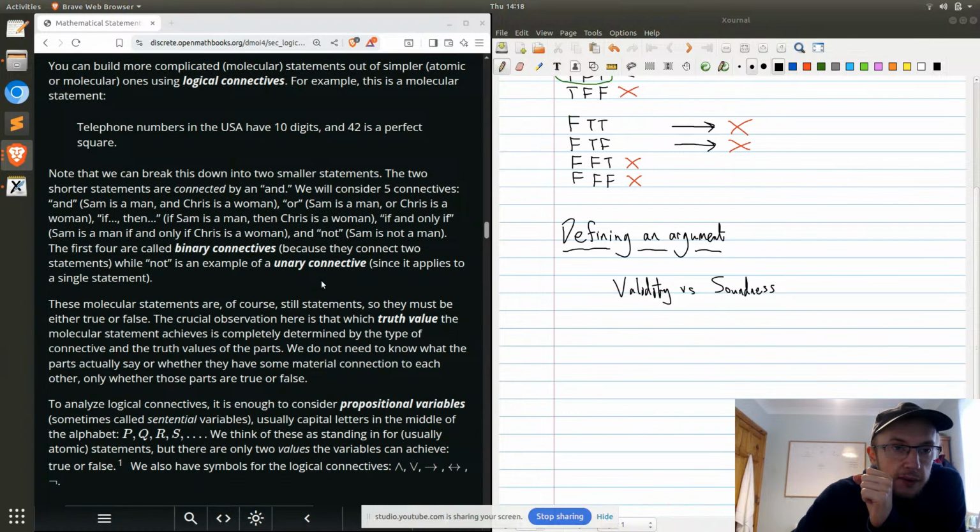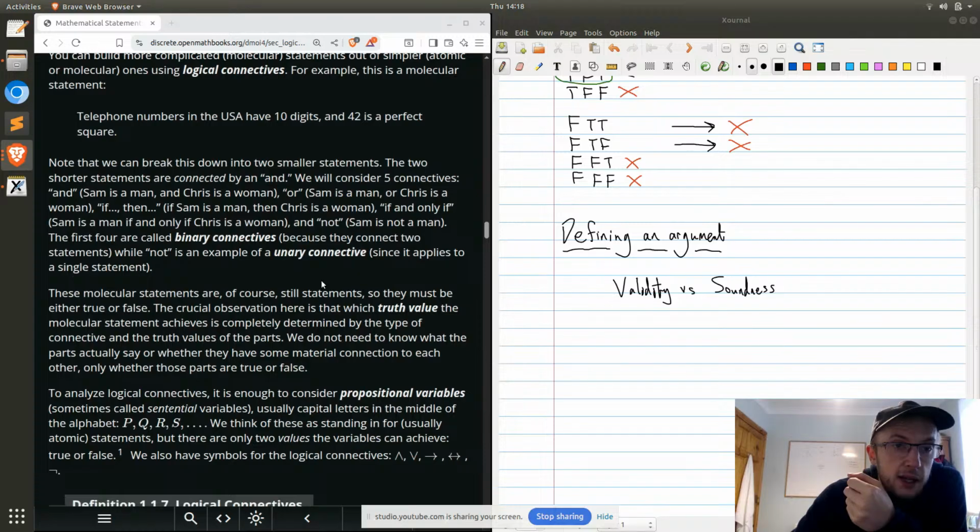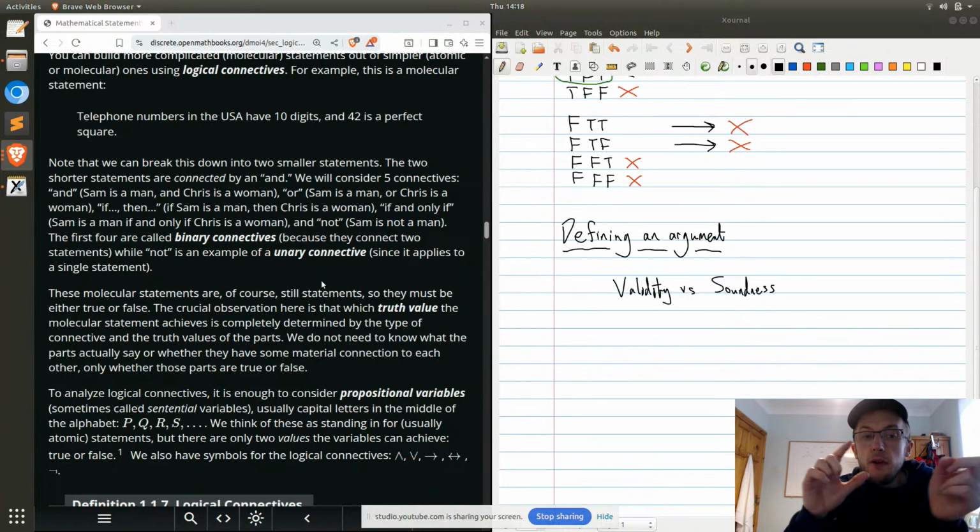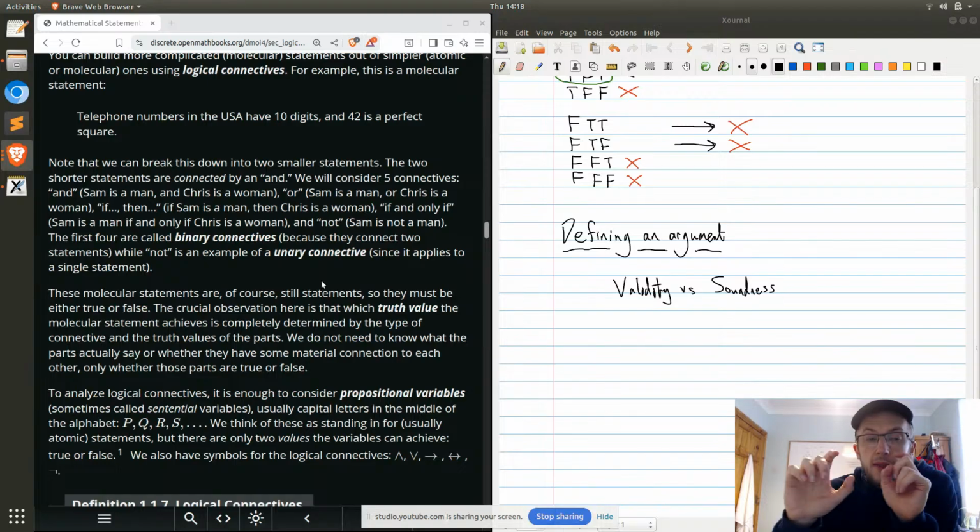We will consider 5 connectives. And, such as in Sam is a man and Chris is a woman, or like in Sam is a man or Chris is a woman. If then, that's a single logical connective.